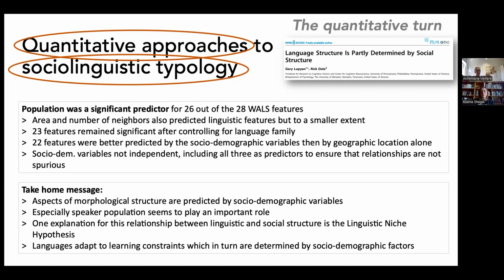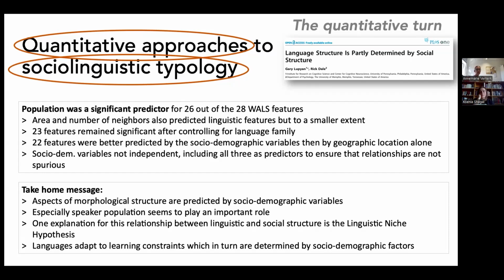And then the last point here is also important, right? So these socio-demographic variables are not independent, in the sense that population size is not independent from genealogical family relationships, nor is it independent from neighbors either, right? So they argued to include all predictors and ensure that the relationships are not spurious.